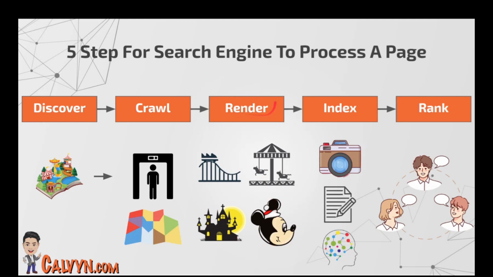Like the search engine, they go to each page of yours to render and understand your page, right? After that, the index. Index means they bring the information back to their record. Just like when you play these activities, you capture the image for yourself, you take a note, you write inside your diary, you memorize it.